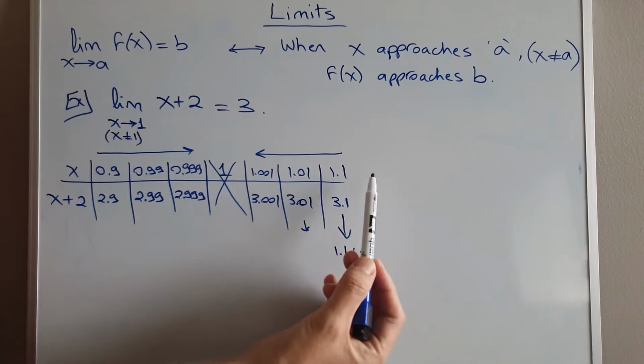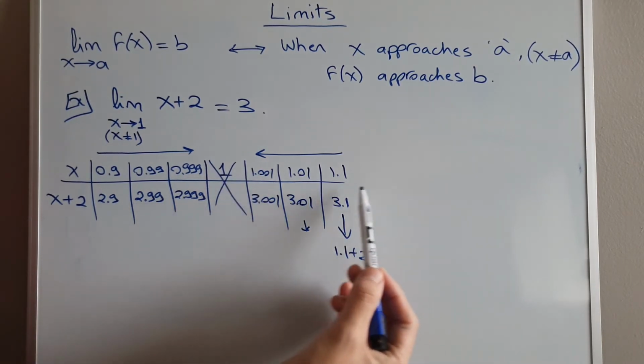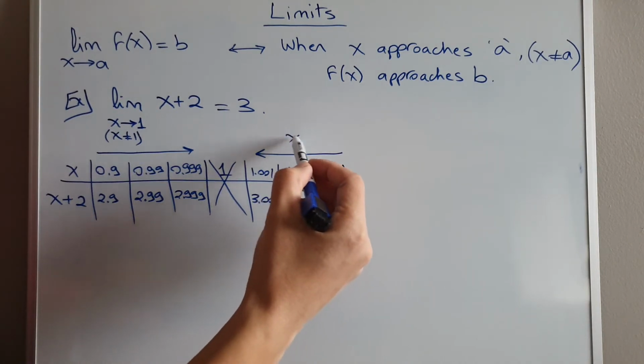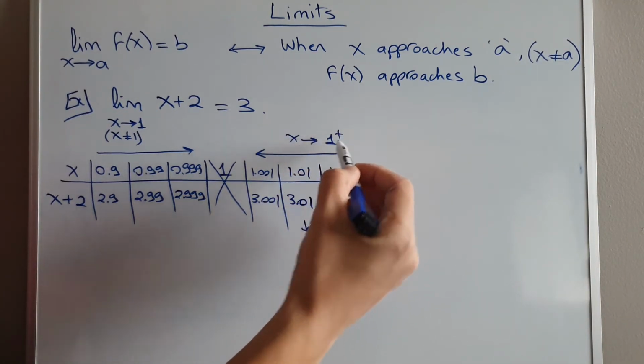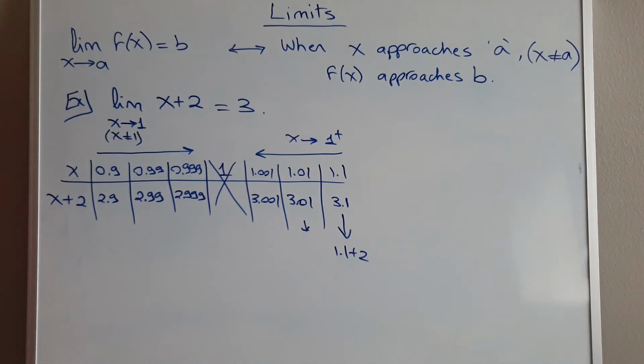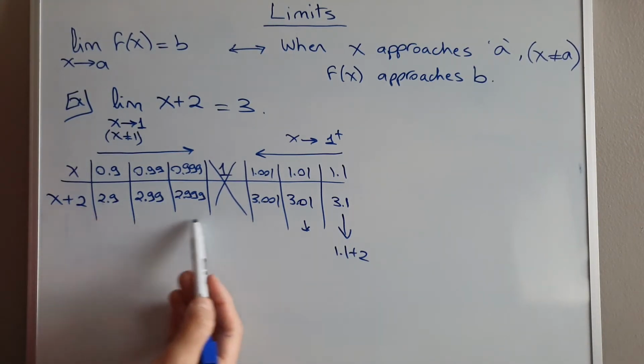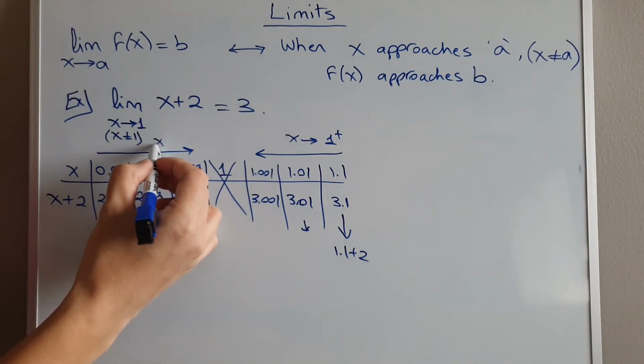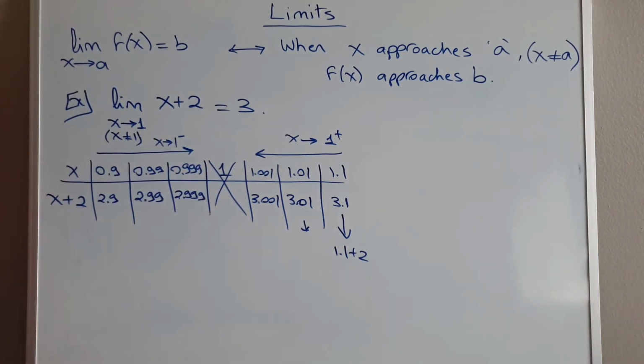So if you notice, I can approach 1 from the right side by taking values bigger than 1, and this we call x approaches 1 plus. Or I can approach the value 1 from the left side by taking values less than 1, and here I say x approaches 1 minus.